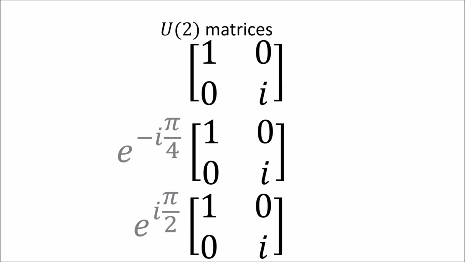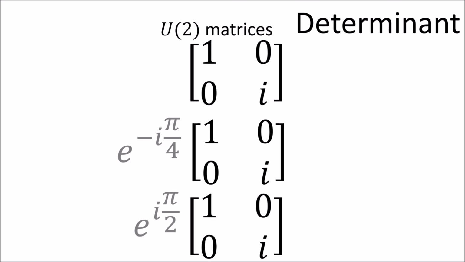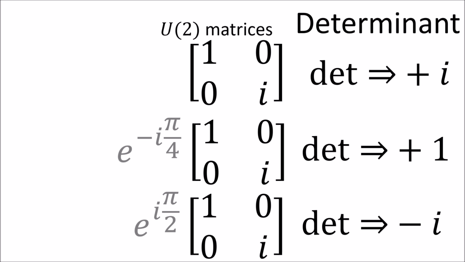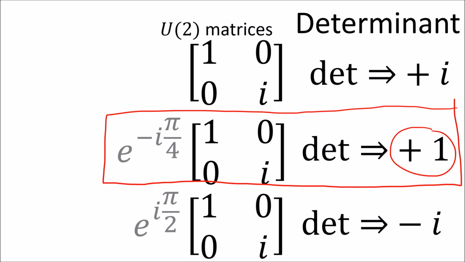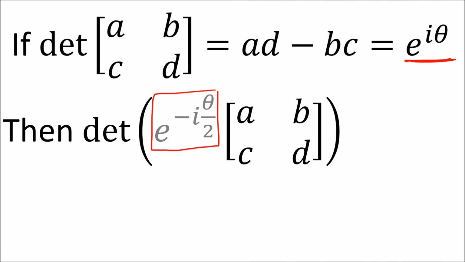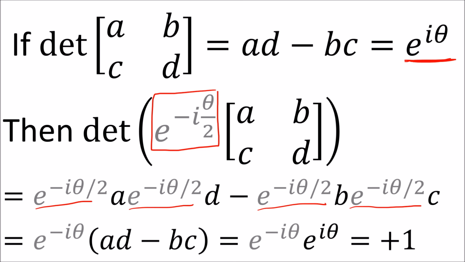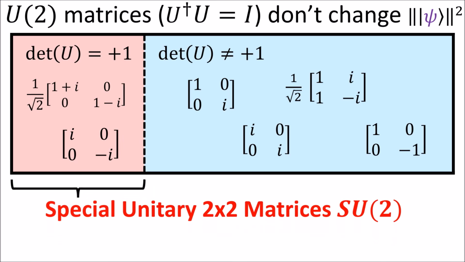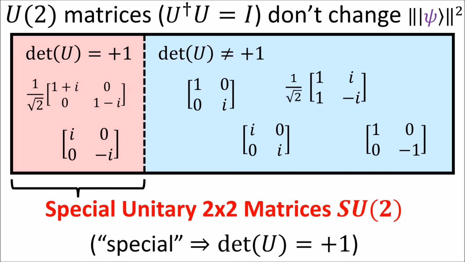In order to pick a unique U2 matrix for doing rotations on our Bloch sphere, we pick the specific U2 matrix whose determinant is 1. Remember, we can always set the determinant of a U2 matrix to +1 by multiplying it by the correct complex phase. This restricts us to SU2, the group of 2x2 unitary matrices with determinants of +1.